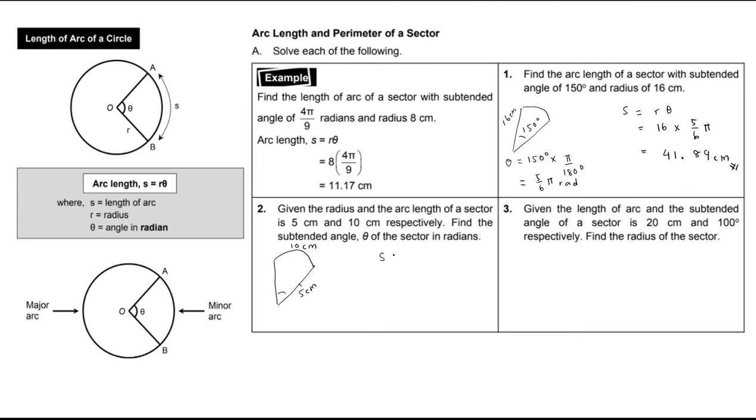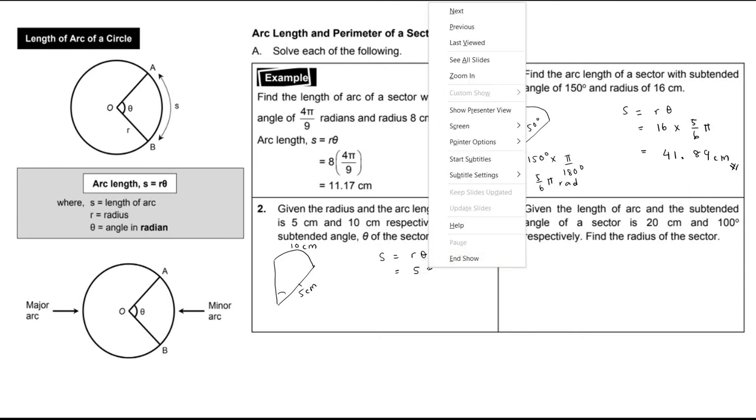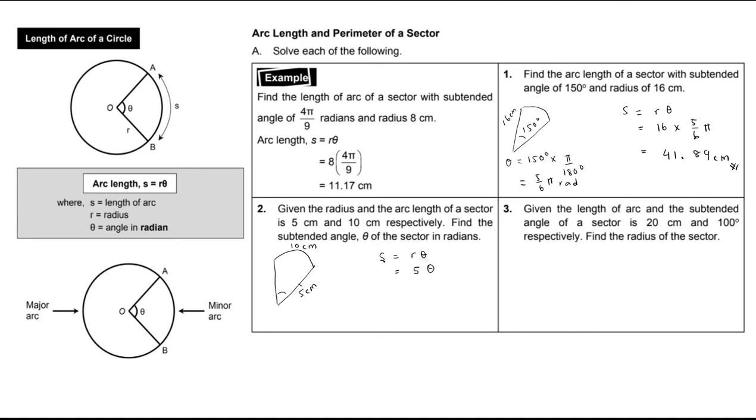We can straight away use the formula S equal r theta. We have the radius 5 cm, theta is the value that we want to find, and S, the arc length, is 10 cm. So theta equal 10 divided by 5, and the answer is 2 radian, because theta is always in radian.